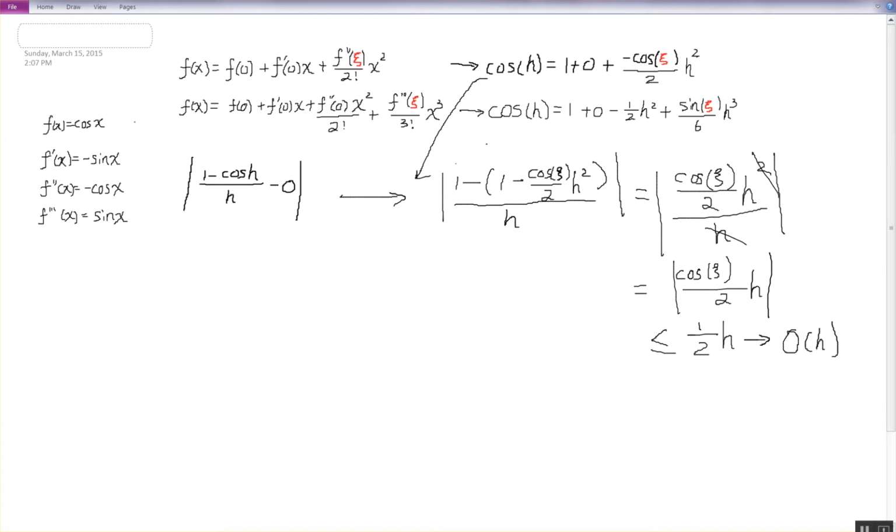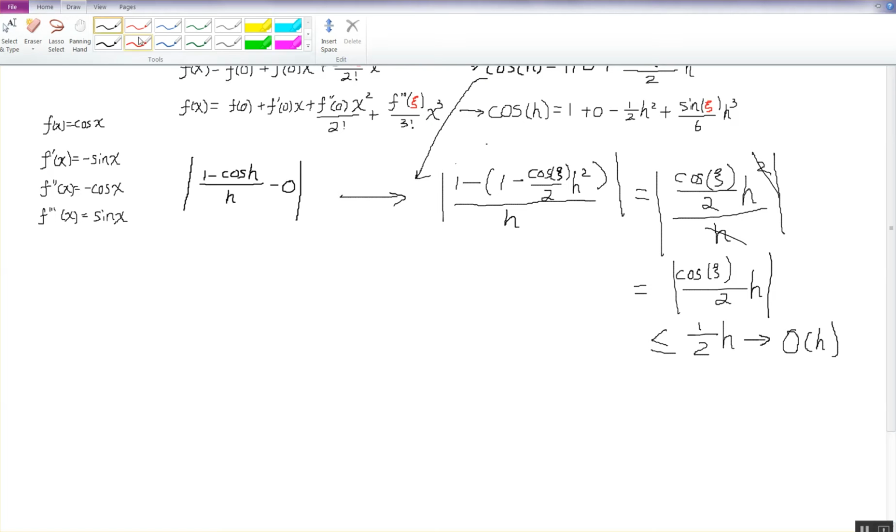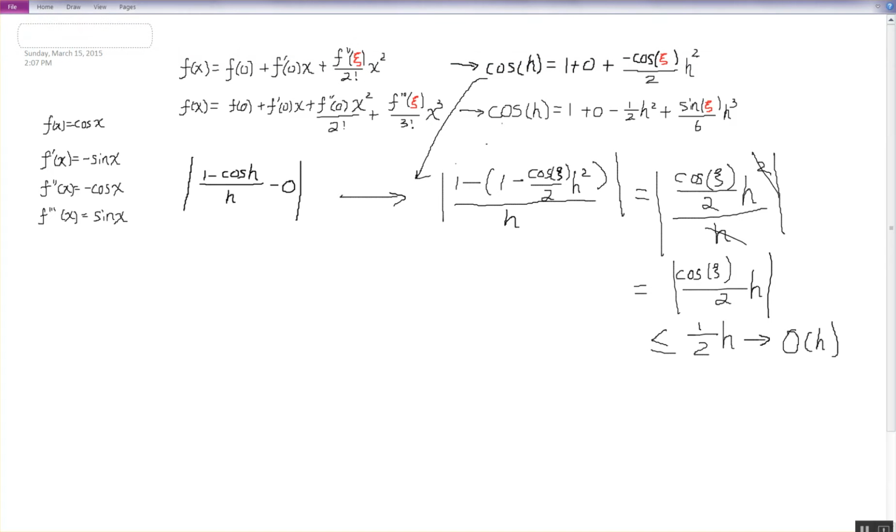Let's try to see the second one. I'm going to use a different color. So this time we are going to use this one and plug in here. So this is equal to 1 minus, what is cosine h? I'm going to use the whole expression.